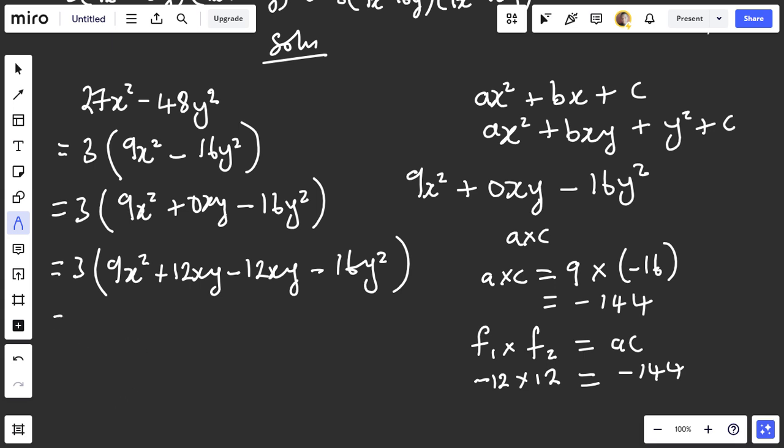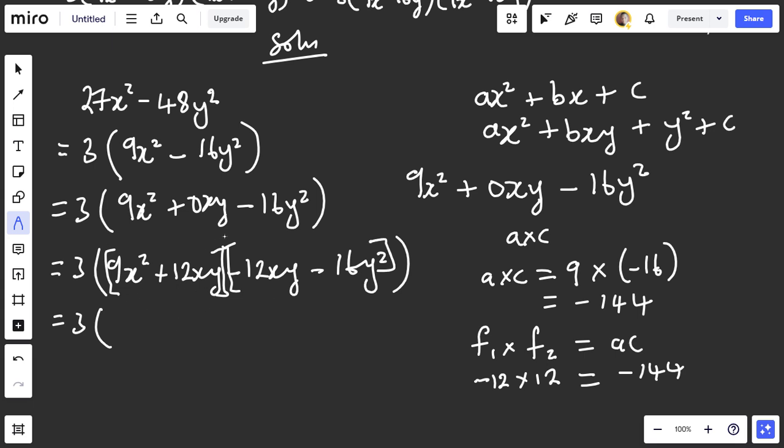So now we have reached the point where we can factorize this inner bracket. If I separate this and this, and then this and this, we can factor out something.